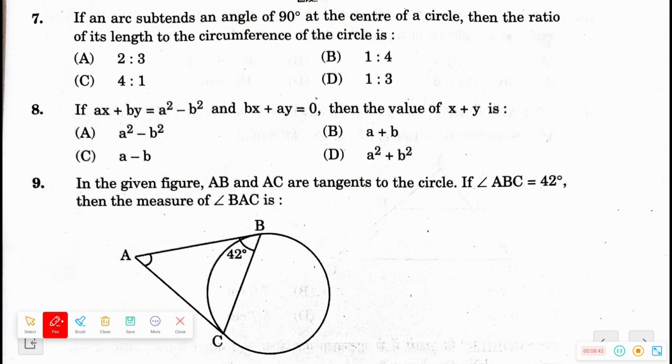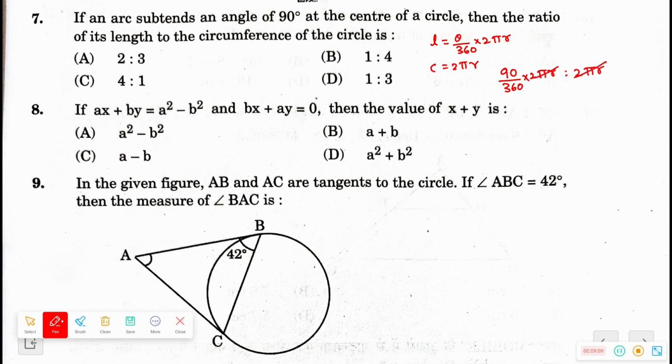Length of the arc we have to find out first, that is theta by 360 into 2 pi r, and the circumference is 2 pi r. We have to find the ratio of these two. So theta is given as 90, 90 by 360 into 2 pi r is to 2 pi r. Ratio of these two we have to find out.